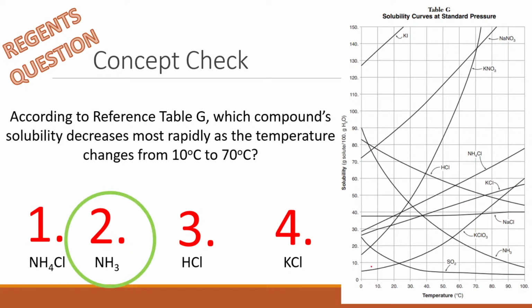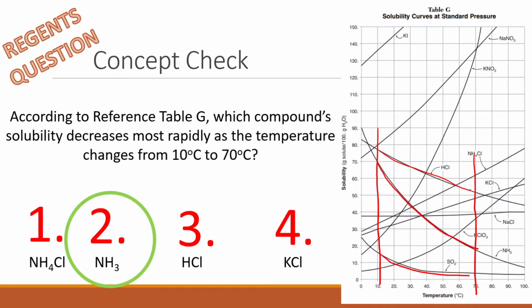When we look from 10 to 70, and we want the most rapid downward trend, right? Decreases most rapidly from 10 to 70. We've got HCl, which decreases not very rapidly. We've got NH3, which plummets down.